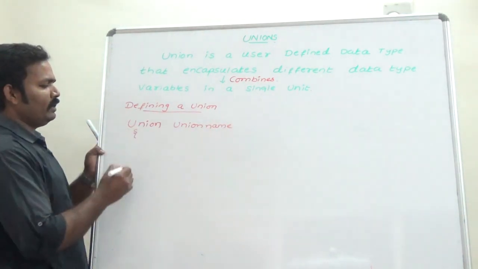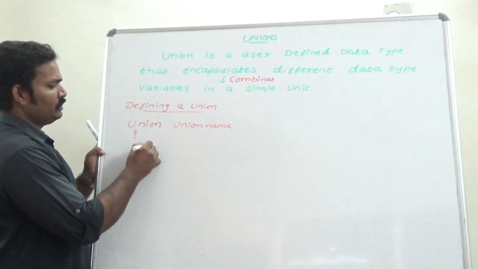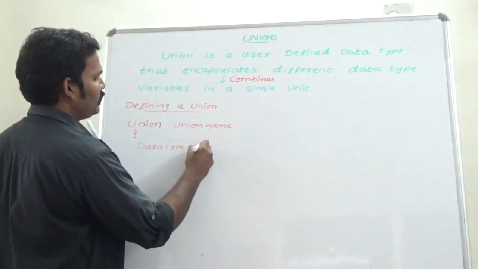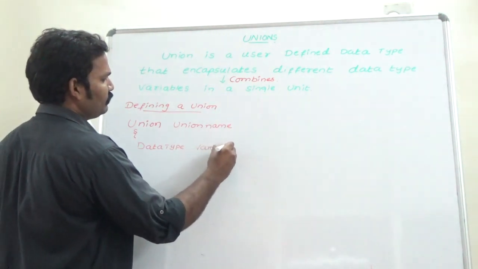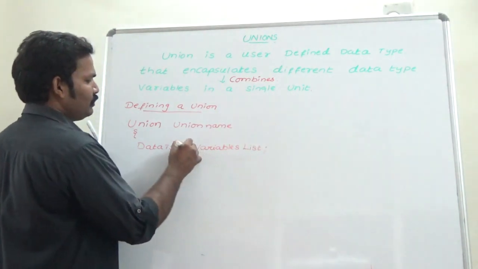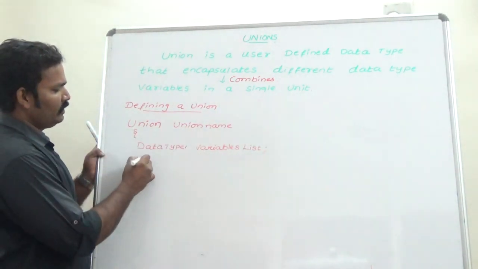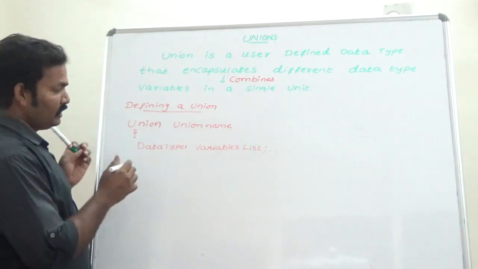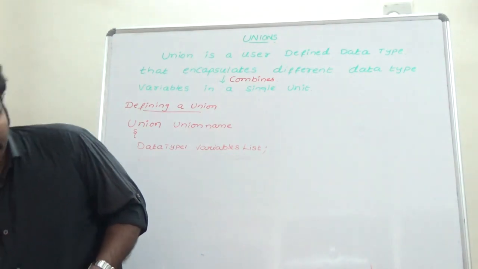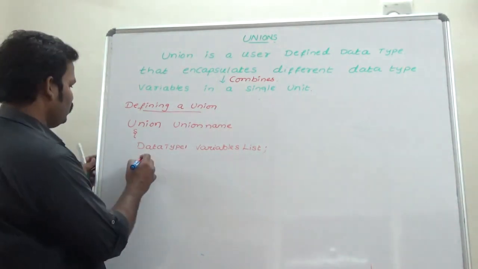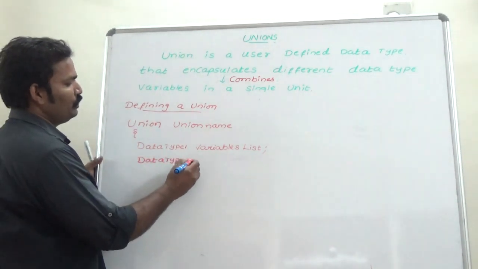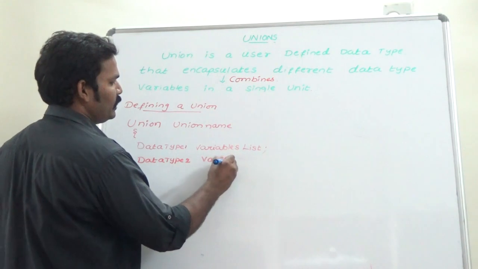followed by opening brace. Okay, so here data type, data type variables list. Suppose data type 1, then data type 2 variables list.